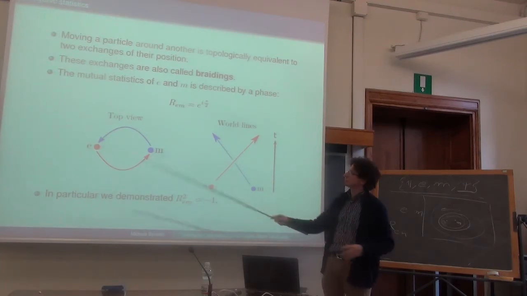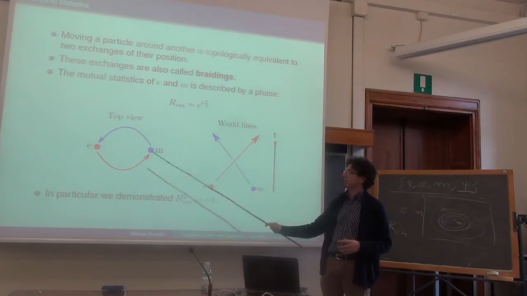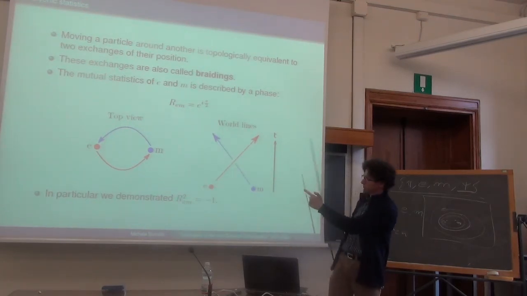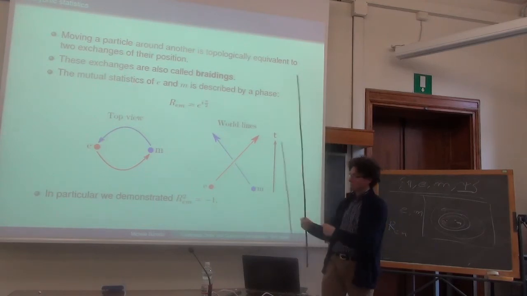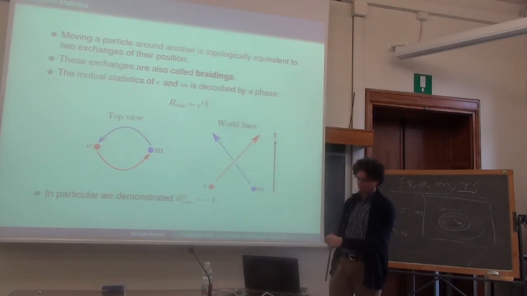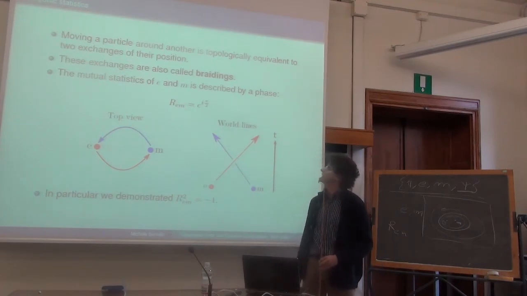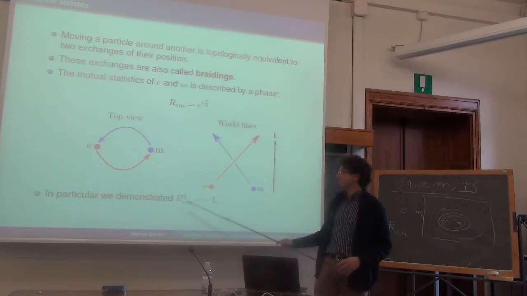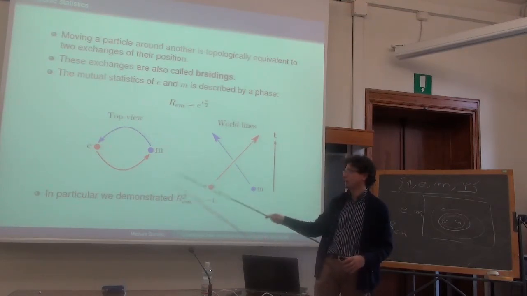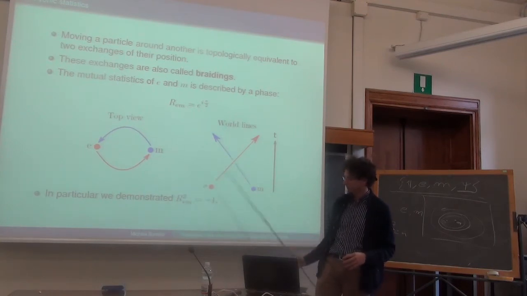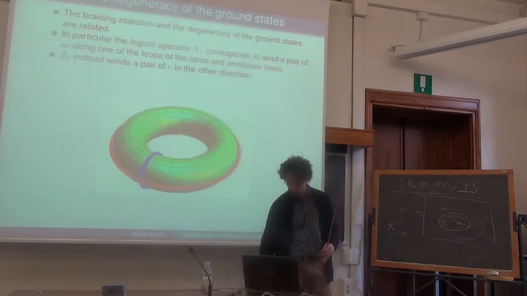However, these exchanges, this operator R_EM, are called braidings, because of this interpretation of the world lines that weave one around the other without ever cutting. And the important thing is that for the toric code, the only non-trivial phase is the one acquired by an electric charge once it moves around the magnetic vortex, which translates into this relation.